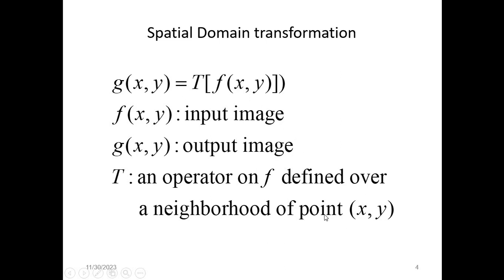Normally the 8 neighborhoods of the candidate pixel at location x comma y. So the horizontal neighbors, vertical neighbors, and diagonal neighbors are also considered in the spatial domain neighborhood transformation to decide the new value of the pixel at location x comma y.